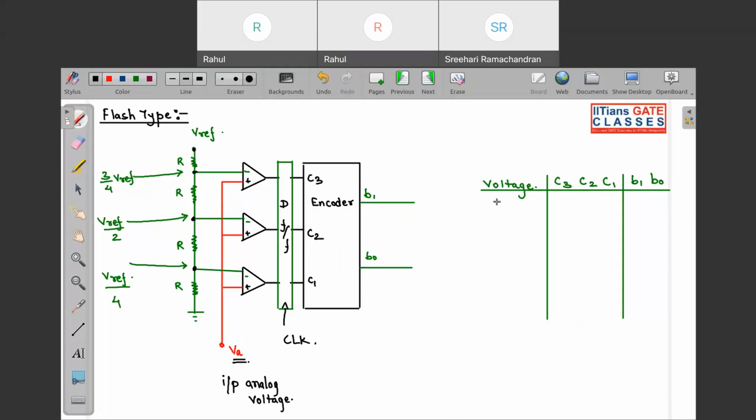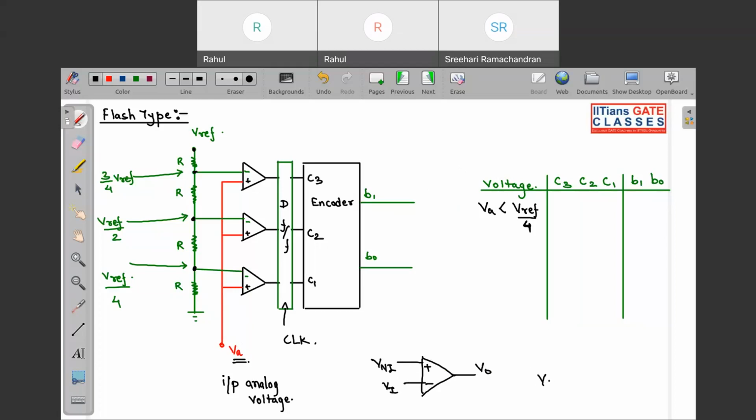Now why this D flip flop? So I will tell why. Suppose this VA is less than Vref by 4. So these are your comparators. In a comparator, this is your non-inverting terminal, this is your inverting terminal, this is your output.